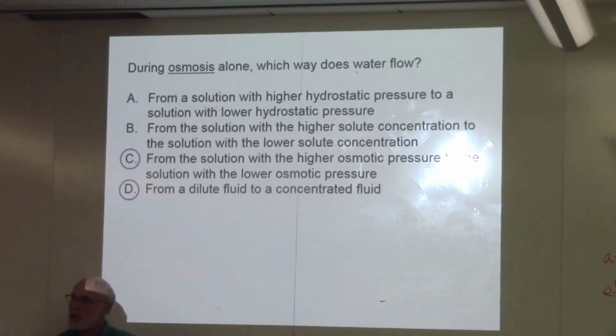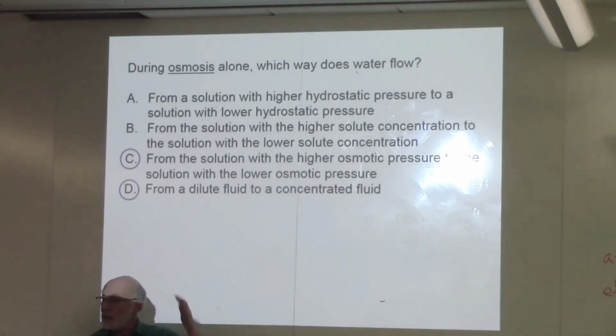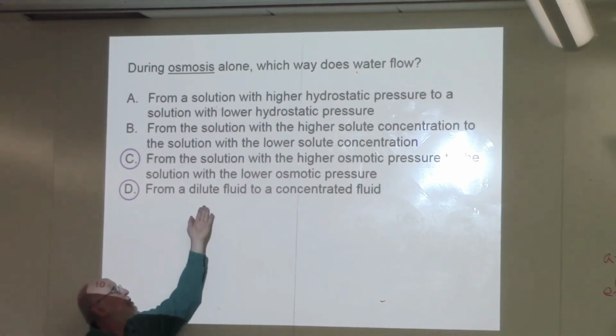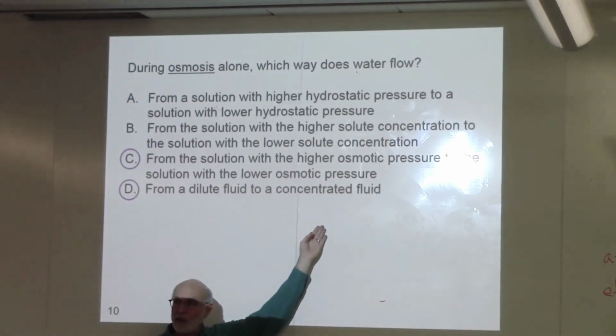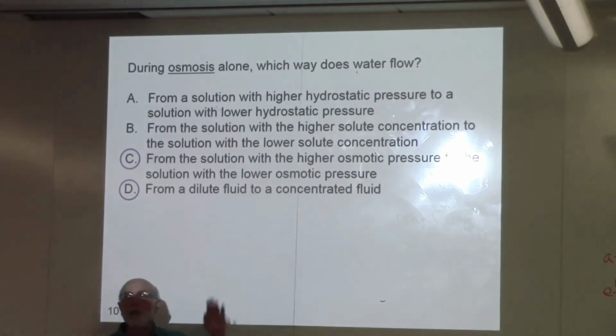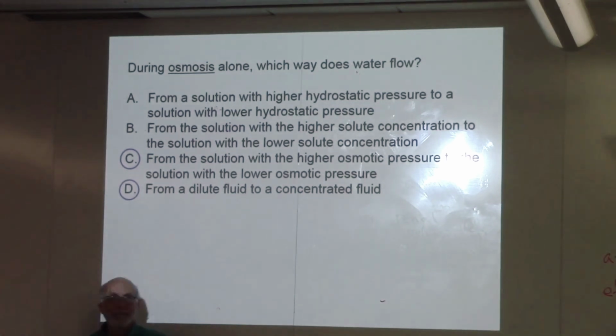If you think about concentration and then apply that to pressure, you'll be good. Osmosis pushes water from dilute to concentrated. Because water is flowing from dilute to concentrated, we say that the dilute solution has the higher osmotic pressure. That's just part of the language. I wish it were completely intuitive, but it's not.